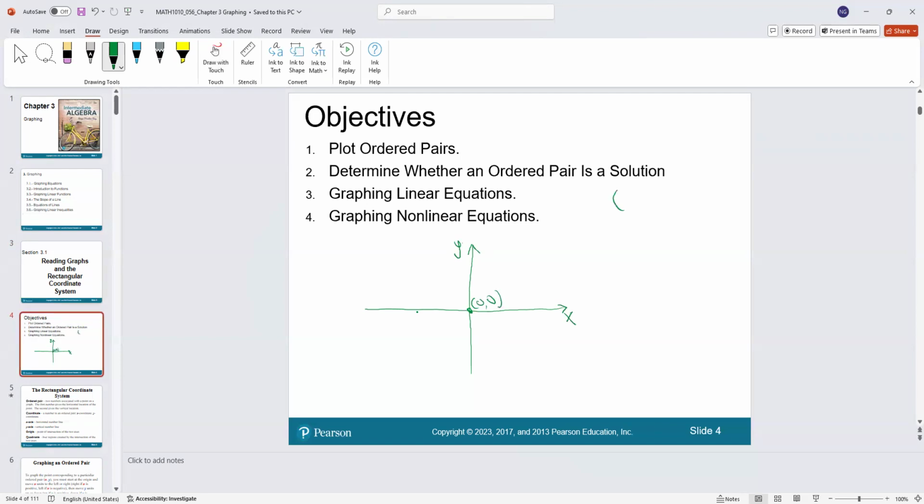When we have a point, the point has two coordinates. The first coordinate is X, and the second coordinate is Y. So these two values form one point. We always mark the x values on the horizontal axis.